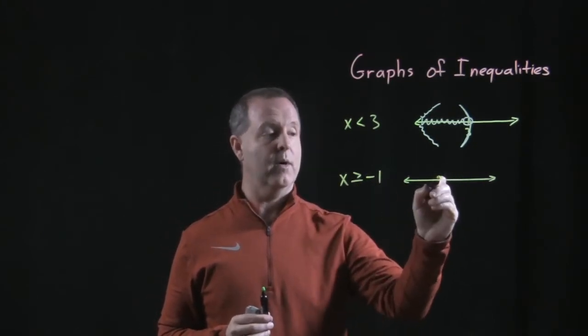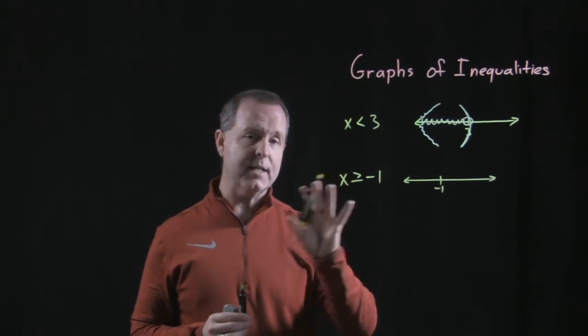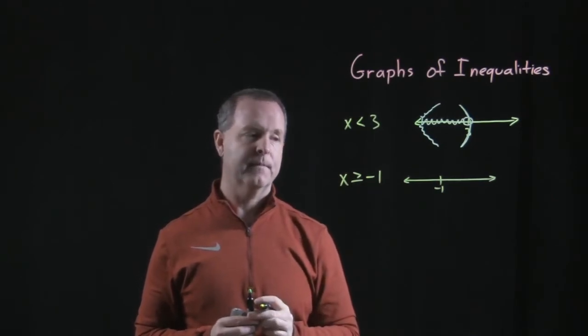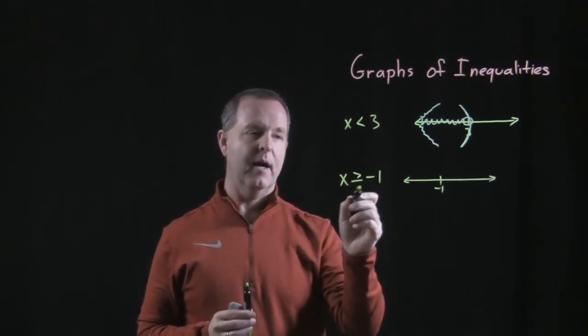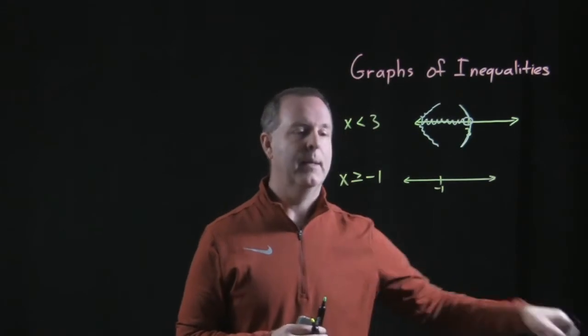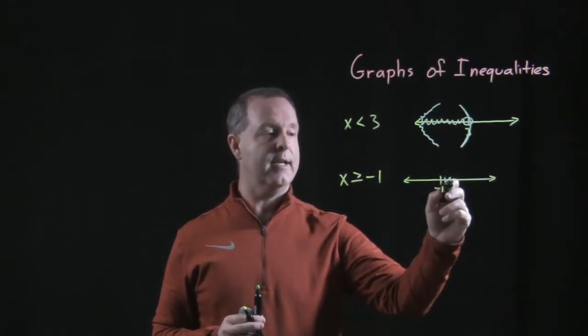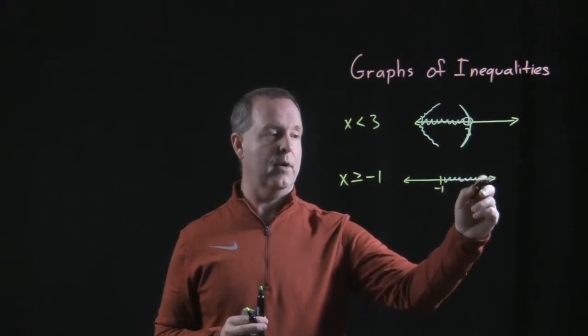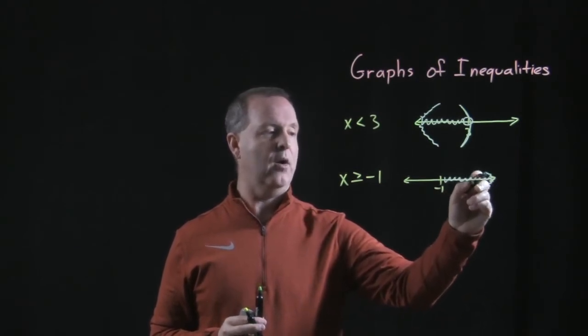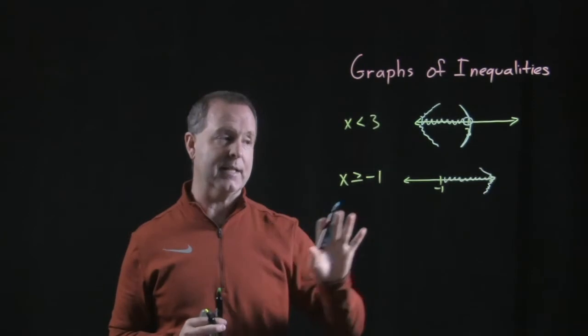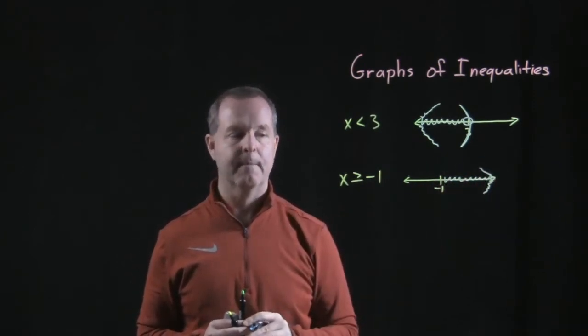So let's put negative 1 on our number line just to give us a frame of reference. From here then, I'm looking for all my solutions which are greater than negative 1. So I'm going to shade in everything that's greater than negative 1 and make a little arrow that way just to communicate that my solutions continue on out forever.